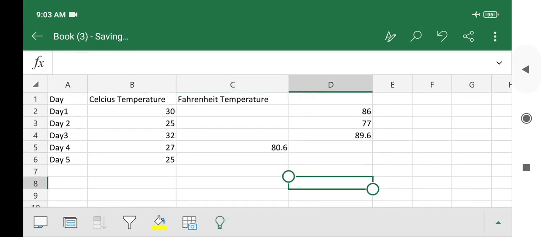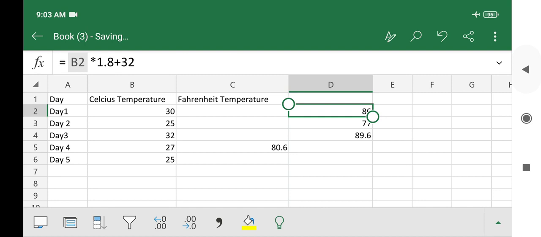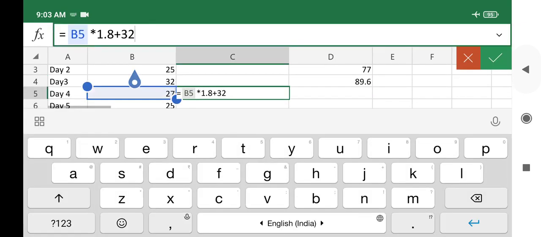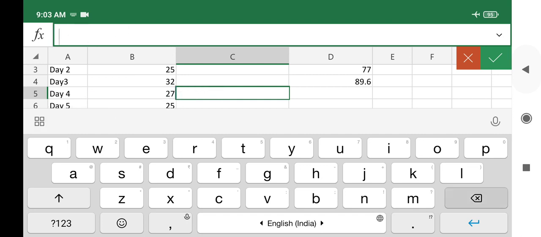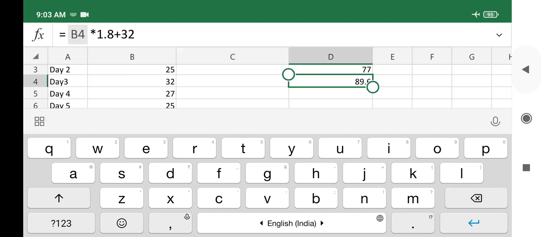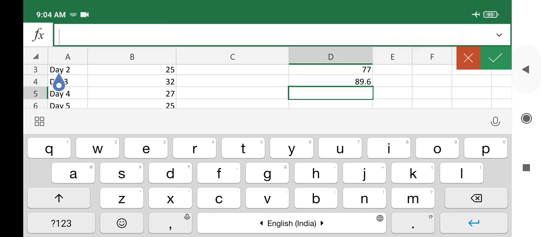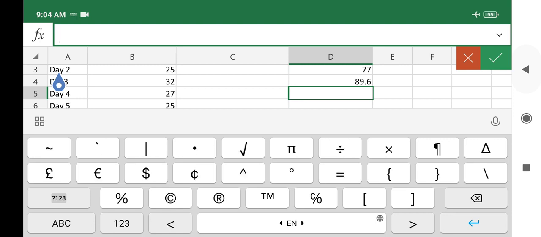I am writing in column D, so that's why it is coming over here. Instead of this column I have written, so I can clear this value, because I'm storing it over here and I have skipped one column.